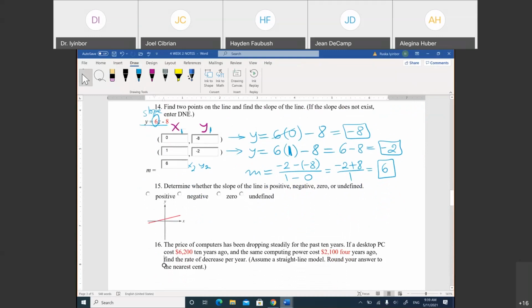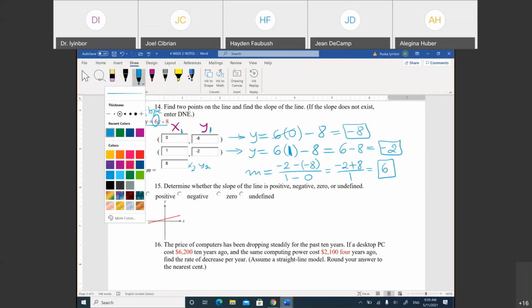Okay, let's look at number 15. They give me a graph and they're asking what is the slope? Is it positive, negative, 0, or undefined? So the red one is the line. What type of line is that? Increasing, decreasing, horizontal, or vertical line? Increasing.